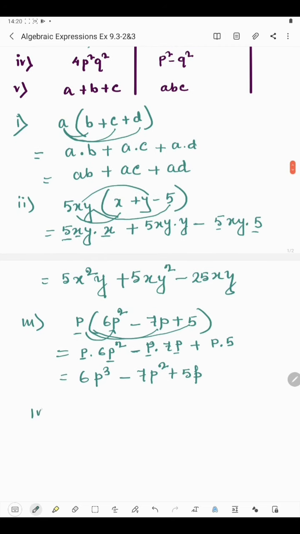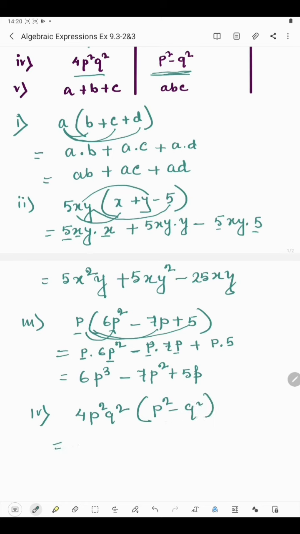Now in the fourth part we have 4p square q square, which is the monomial, and the monomial should be multiplied by the binomial, which is p square minus q square. So at first we will write the monomial 4p square q square, and then we will put the binomial p square minus q square.